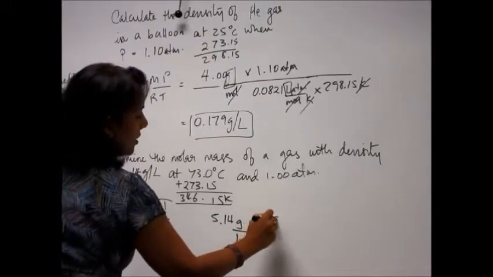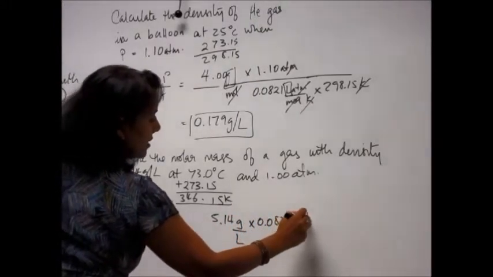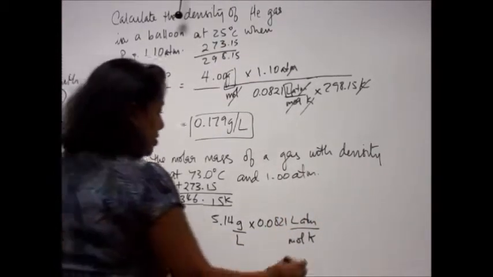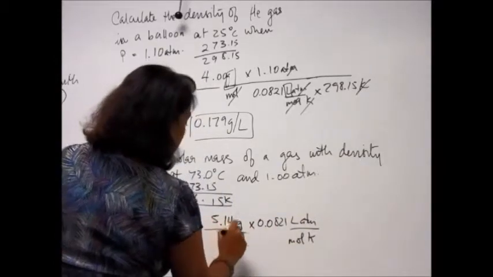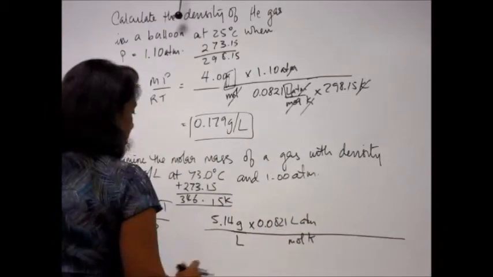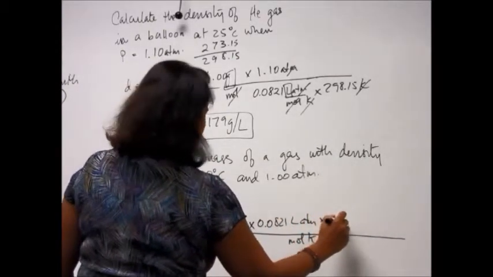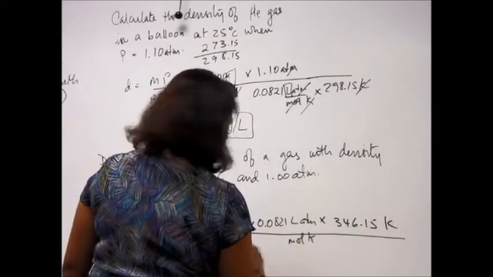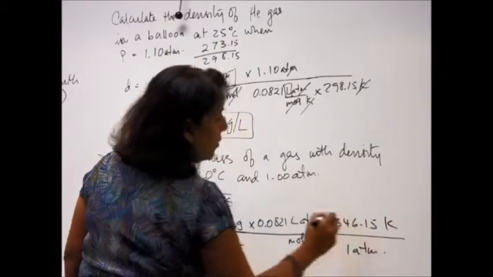R is 0.0821 liters atmosphere per mole Kelvin. Temperature, draw a big line there. Temperature is 346.15 Kelvin, and pressure is 1 atmosphere.